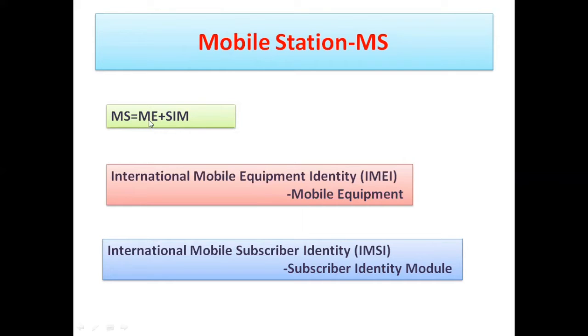The mobile equipment, a hardware address, is uniquely identified by a number called the International Mobile Equipment Identity, IMEI number. This IMEI number identifies the user equipment, the mobile equipment. And the SIM is known by a unique number called IMSI, International Mobile Subscriber Identity.